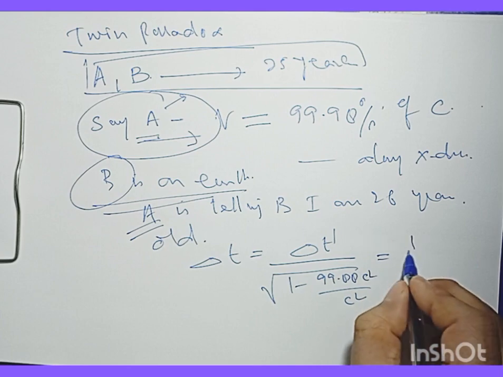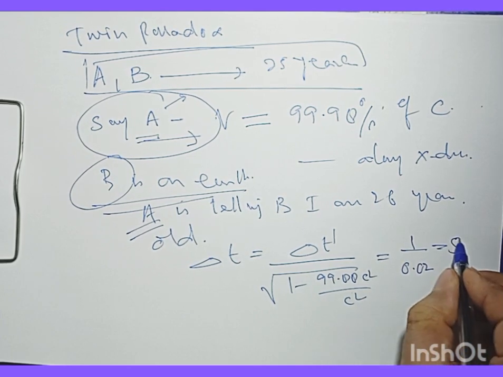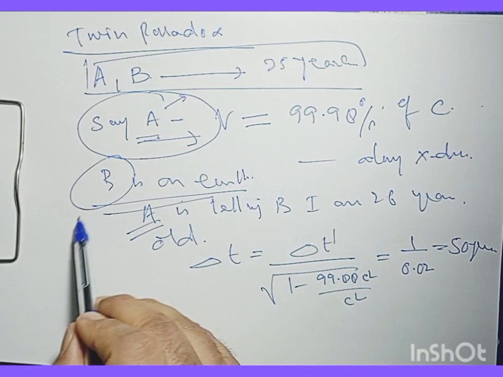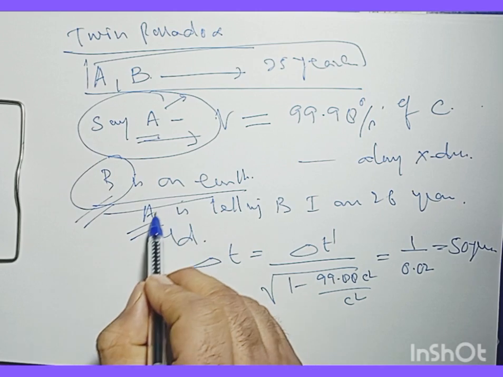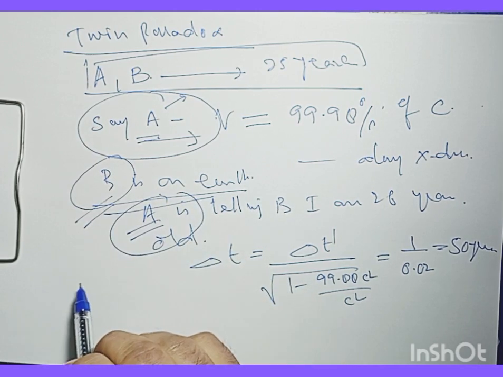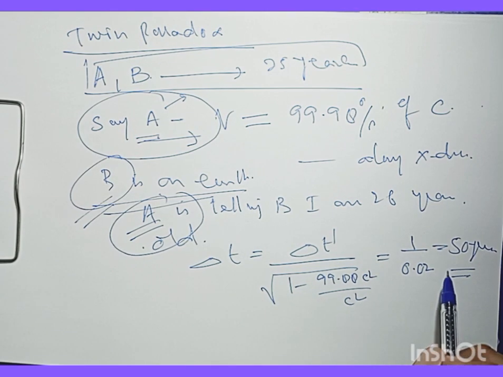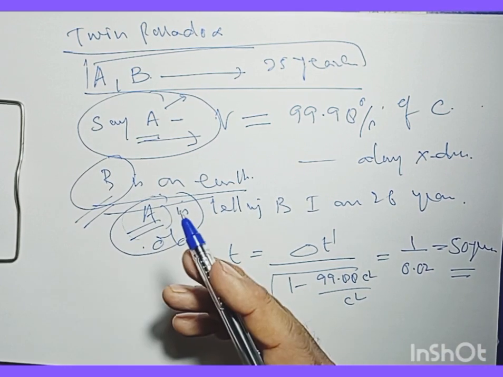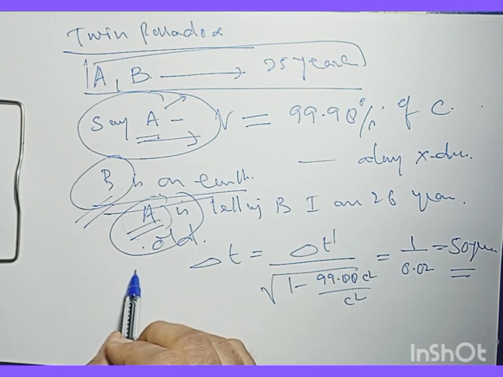And this is going to come out to be 1 by 0.02, which is nearly equal to 50 years. So according to B, the age of his twin A is 50 years. So B says that his twin brother A is 75 years old. So this is how it comes.